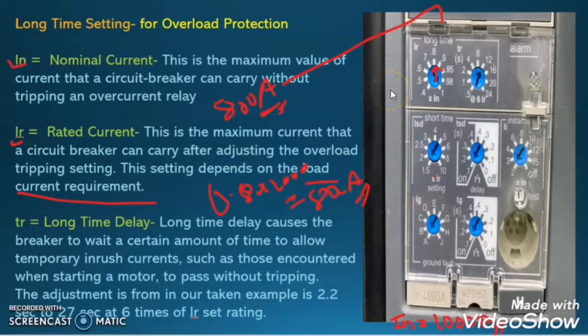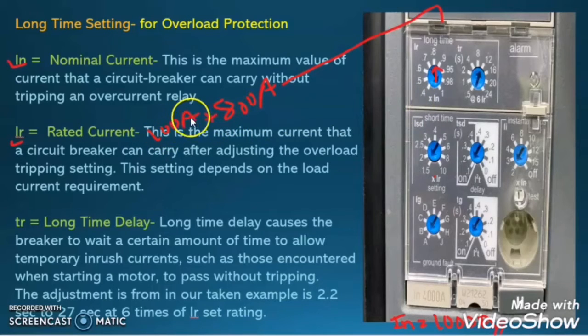But maybe you will have a question in your mind: then why will we not directly go to an 800 ampere air circuit breaker to feed this load? Yes, it is very true. But suppose we add 100 ampere of load to this network or to this air circuit breaker, then we have to replace this circuit breaker, because the 800 ampere circuit breaker which you chose is now no more capable of handling 900 ampere of load.